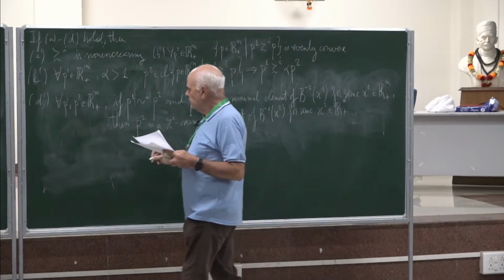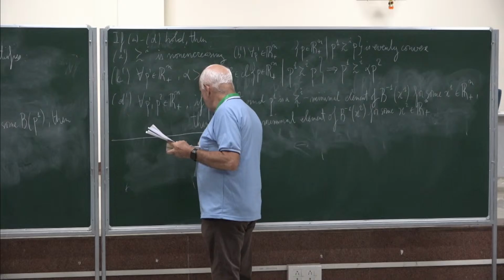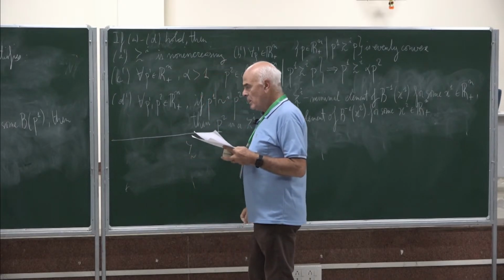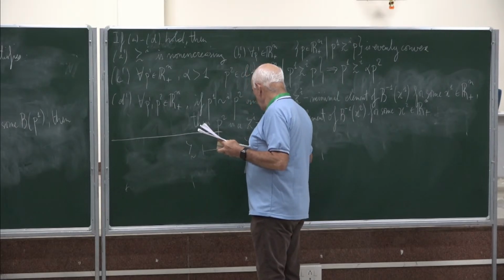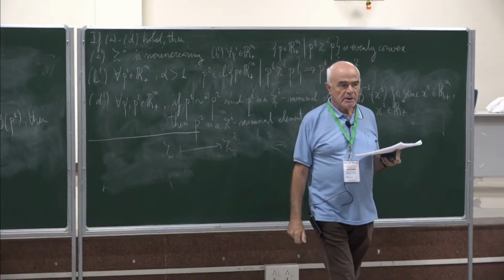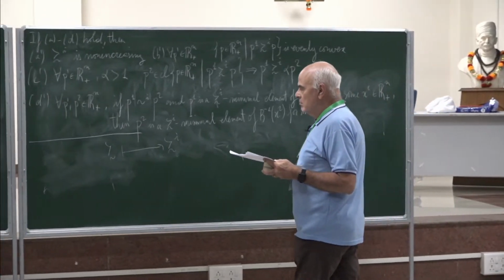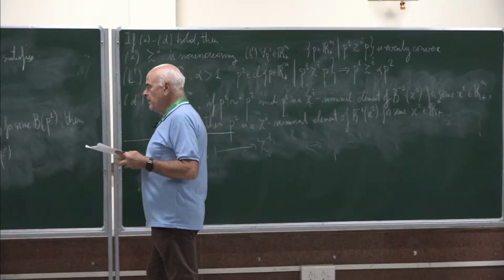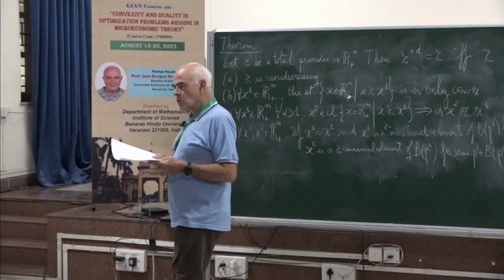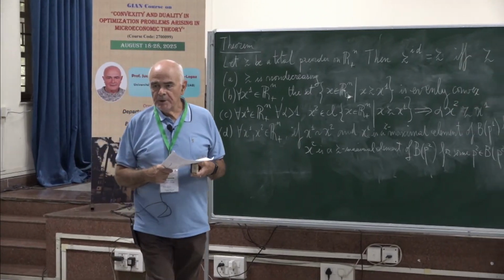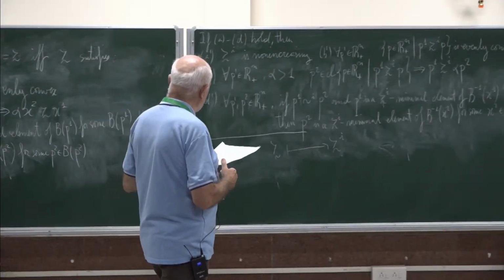And the conclusion is that the mapping that assigns to a total preorder the associated indirect preorder is a bijection from the set of total preorders satisfying A, B, C, D onto the set of total preorders satisfying A prime, B prime, C prime, D prime.